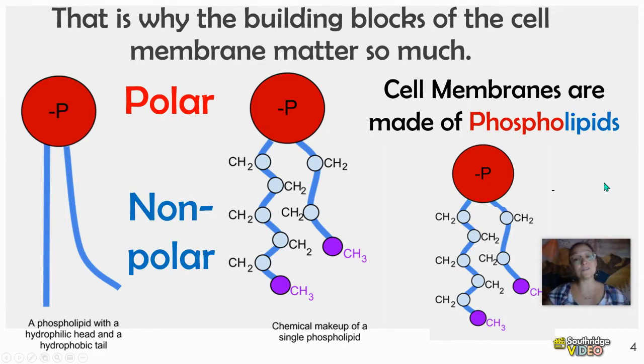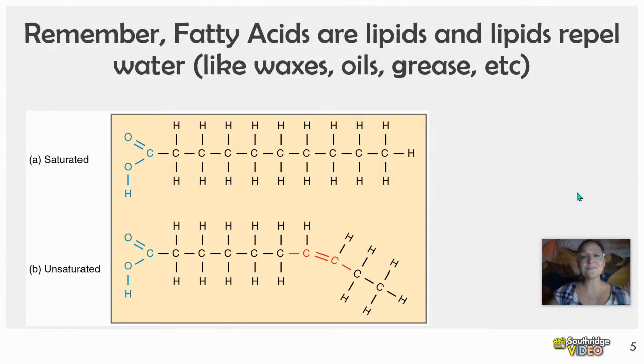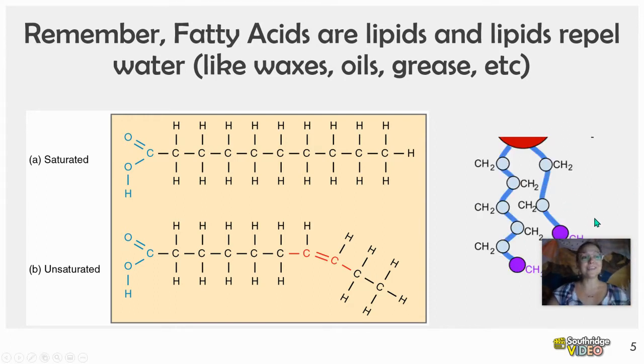And then the fatty acid tails are nonpolar, which means they repel water, water-fearing. When we look at these fatty acid tails, they go back to our lipids unit, and lipids are one of the macromolecules that repel water. So these two fatty acid tails are lipids, and they do not mix well with water.